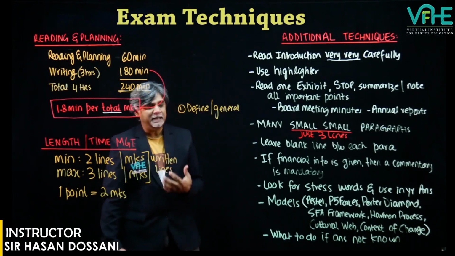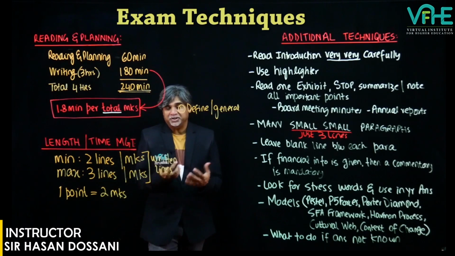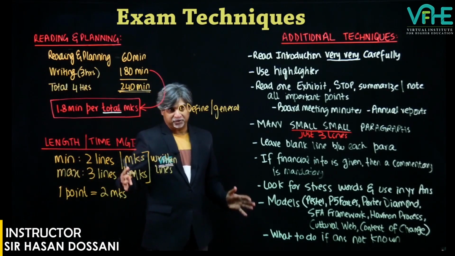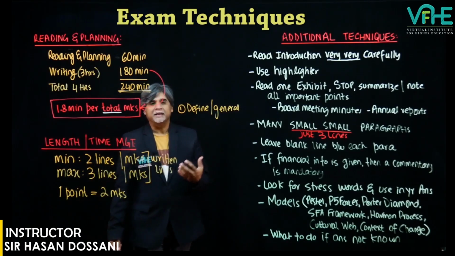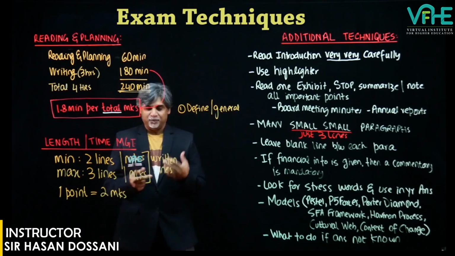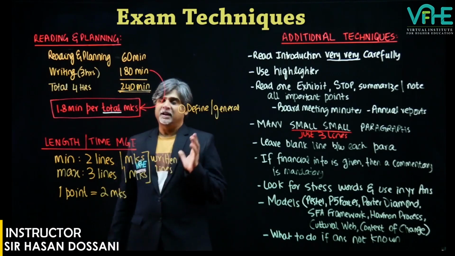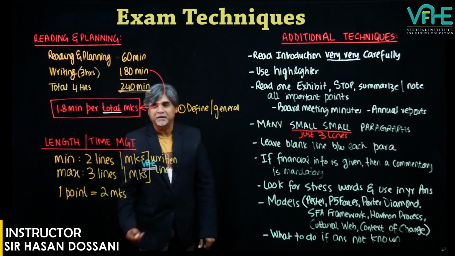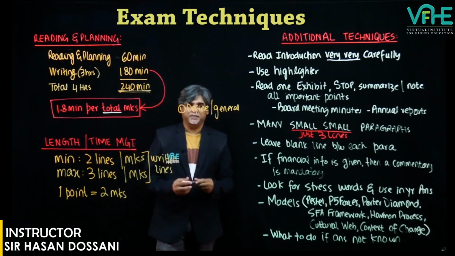For example, in this disruptive technology question, because it's 18 marks, I need to fill up at least 1 or 2 pages, right? So half a page I will use in defining what is disruptive technology. I would give some real life examples of disruptive technologies like Uber and Airbnb and Netflix. Okay, so half a page on general definition.